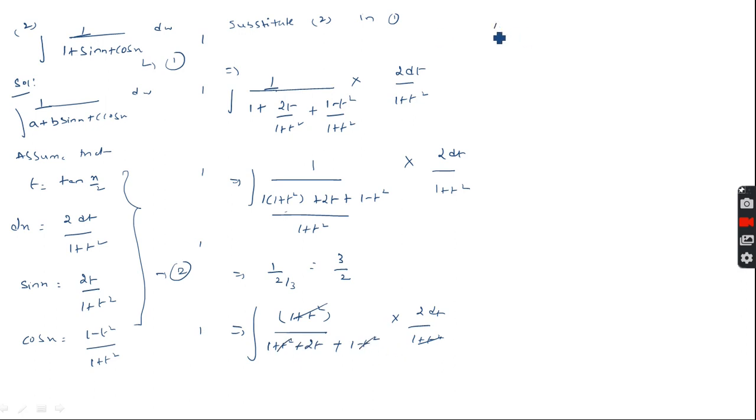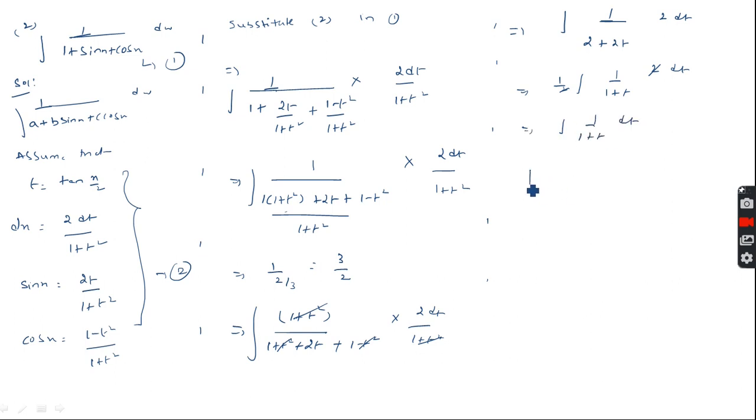So finally we get 1 by 1 plus 1, nothing but 2, plus 2t, 2 into dt. So we have to take 2 as common. We get 1 by 2 into 1 plus t, into 2 into dt. 2 is cancelled. So finally we get the integration of 1 by 1 plus t.